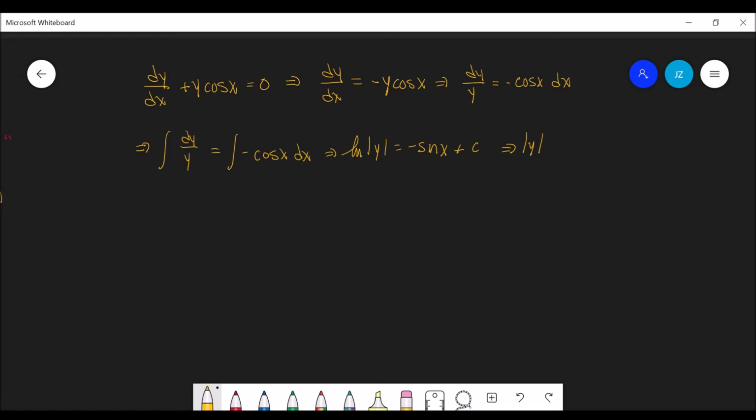So absolute value of y is equal to e to the negative sine x plus this constant, which is just a constant times e to the negative sine of x. So we get as our solution y of x equals a constant, e to the negative sine x.